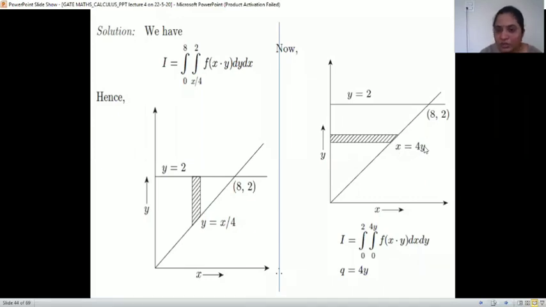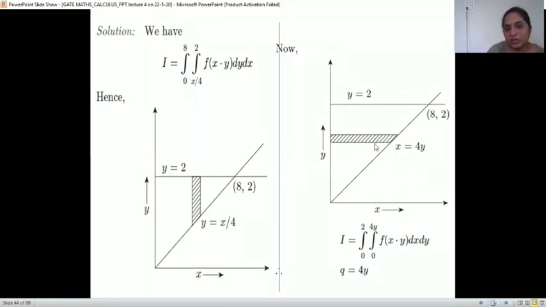If y is 2, x is 8. The point is 8, 2, right? So if we draw this line, this is the line x is equal to 4y. And next we need the point of intersection also. So x is equal to 4y and this is the line y is 2. Where these two lines meet, we put y is 2 here, so x is 8. So at the point 8, 2, these two lines intersect, right? So this is the point of intersection 8, 2.